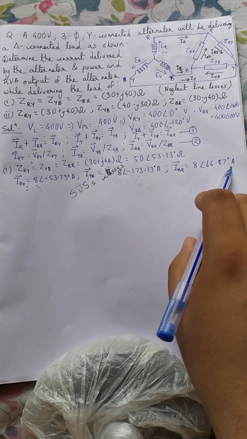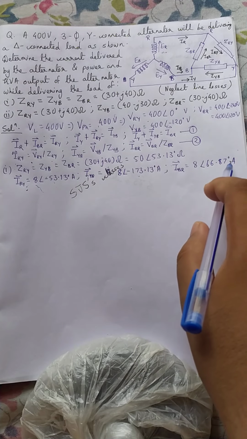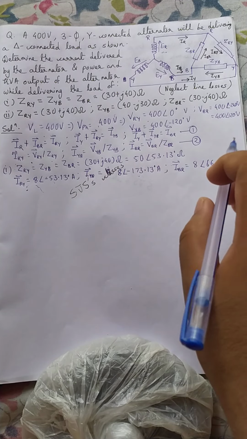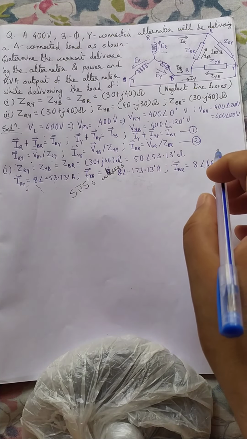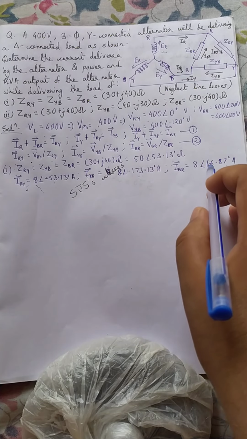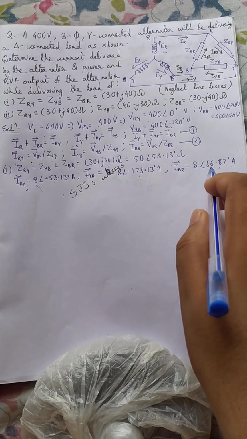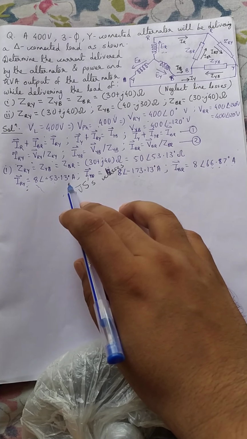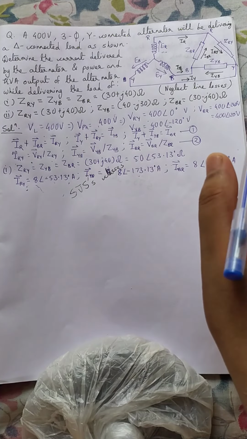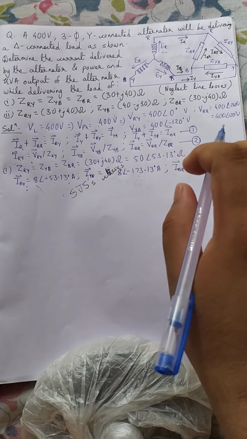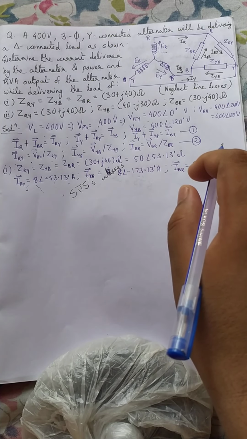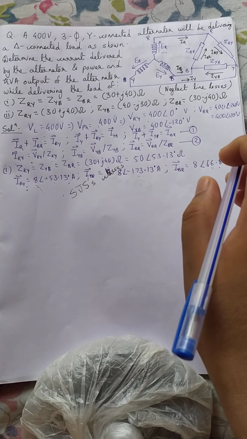This plus this, again you could see the difference between the two will be equal to 120 degree. So all the three are actually phase apart by 120 degree. Why? Because it is a balanced load.